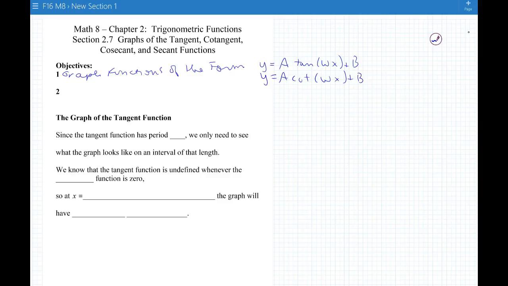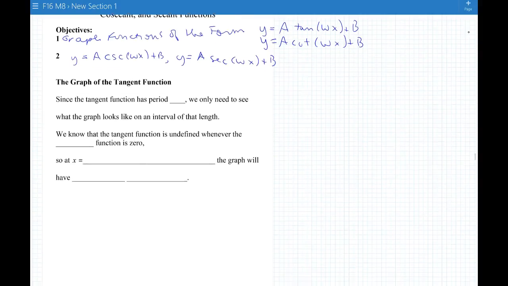And now that we've reviewed the transformations, hopefully you're seeing the transformations that are happening there. And then the second objective will be graphing functions of the form y equals a cosecant omega x plus b and y equals a secant omega x plus b.